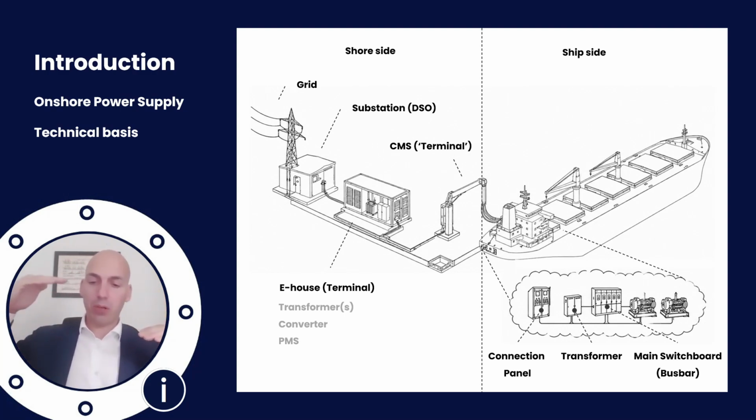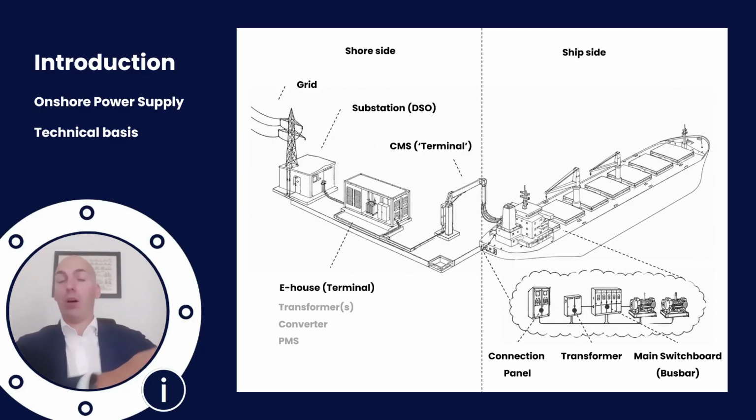Power is ramped up on the shore side, and then at some point engines are shut down, all the power is coming from the shore, and we have a ship running on shore power. The auxiliary engines are off, we're reducing fuel consumption, we don't have emissions, and no noise emissions as well. And everybody is happy. So that is what shore power is.